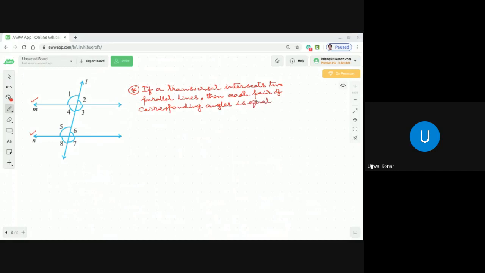Now, this axiom, whatever I just wrote, is also known as the corresponding angles axiom.